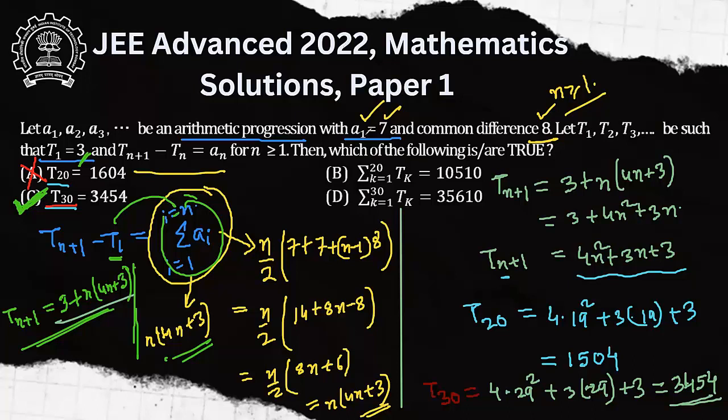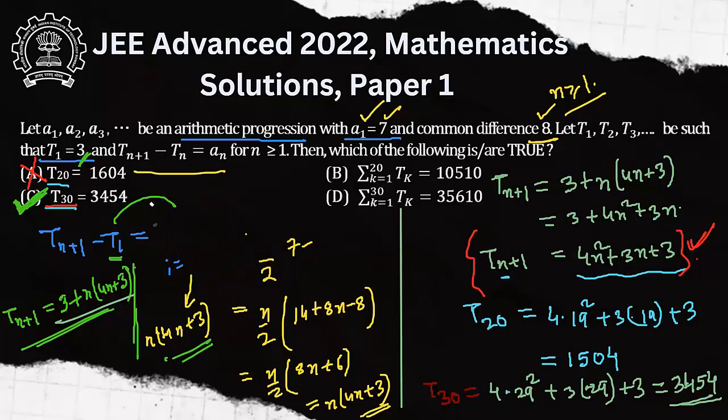But here now we have to find the summation of the Tk series. Tk I have in terms of n. So Tn plus 1 I have 4n square plus 3n plus 3. I have to find the summation of that sequence.